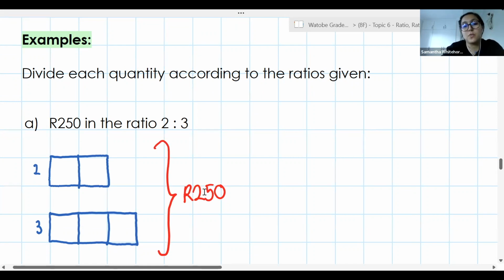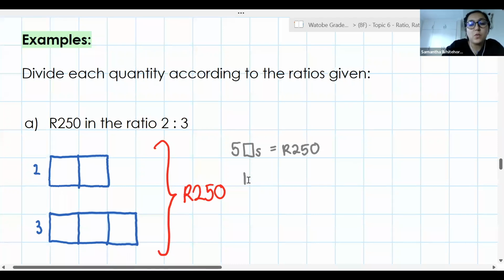And this is sort of where our method comes in. We know from this information, because I'm splitting my 250 Rand across 5 blocks, that 5 blocks, or 5 whatever you want, is equal to 250 Rand.